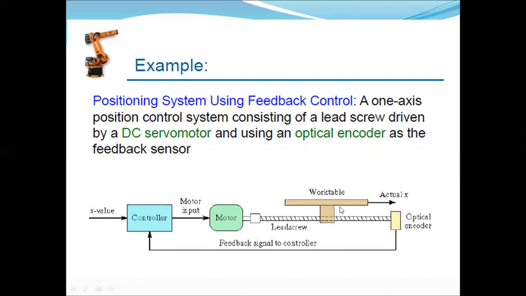So if the work table is moving at a very fast rate, or you can say that if the work table is not moving at your desired rate, which is prescribed and required, we have to change the value of the input, and this can be done with the help of a feedback system, and this will go to the controller, and this will control the DC servo motor.